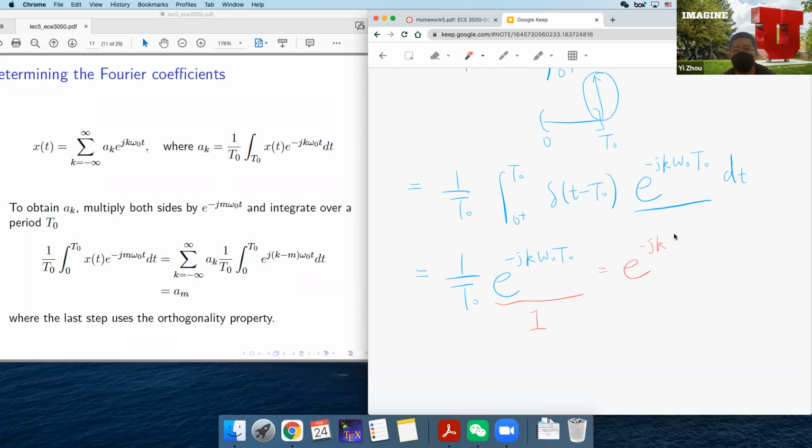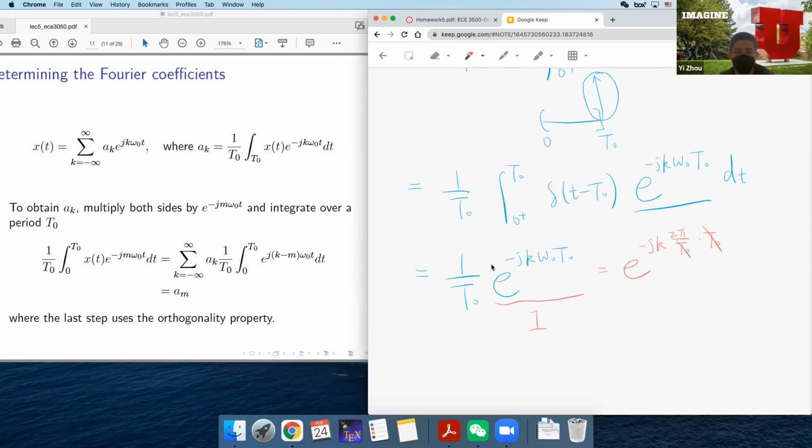Omega naught here is 2 pi over T naught, and these two cancel out. So you have e to the power of negative jk times 2 pi. The phase part is an integer times 2 pi. So this makes this entire exponential constant 1.